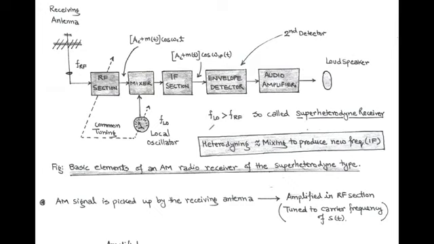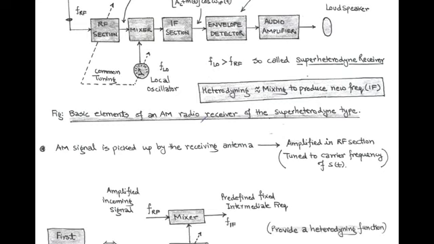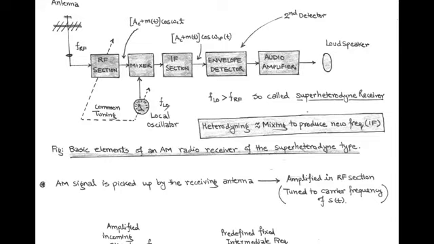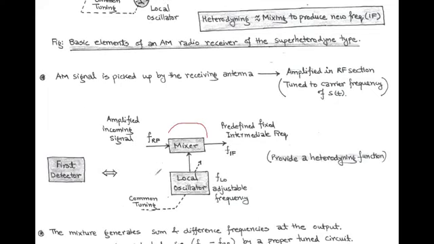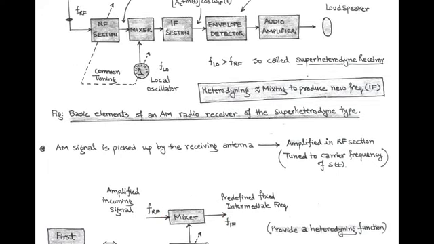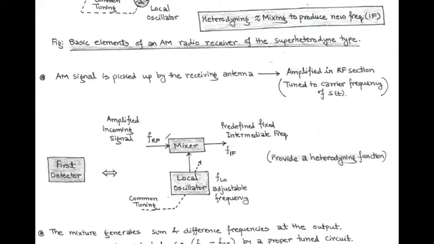Now we discuss the first part of the superheterodyne receiver, that is called the first detector. It is composed of the mixer and local oscillator. The local oscillator has a common tuning with respect to the carrier frequency of the modulated signal or AM signal. One input of the mixer is the amplified radio frequency, that is f_RF.